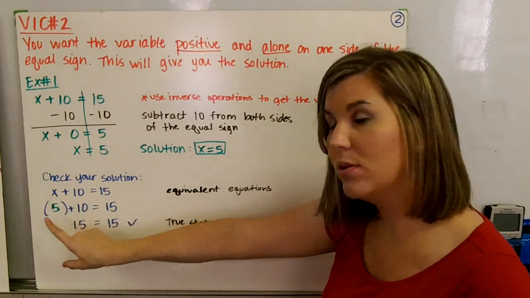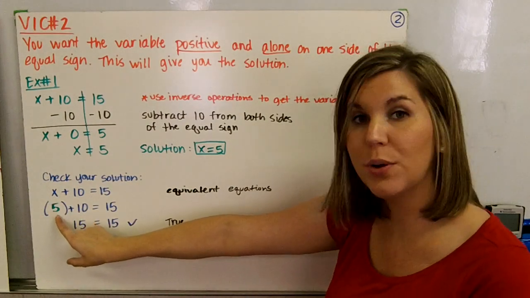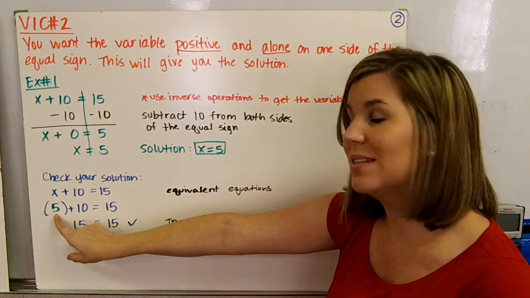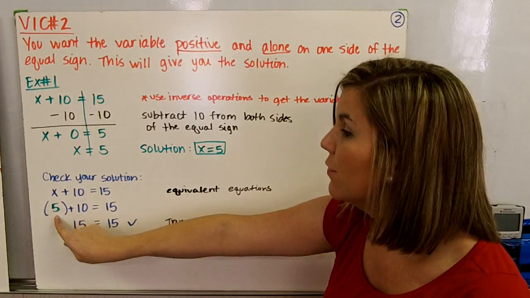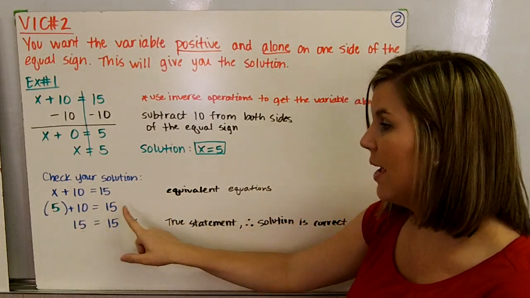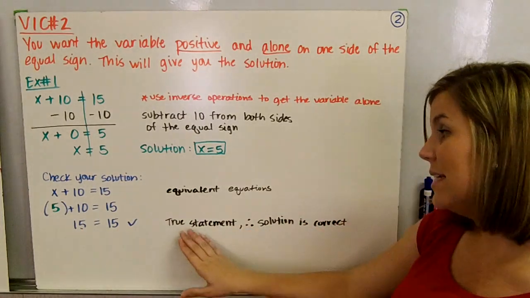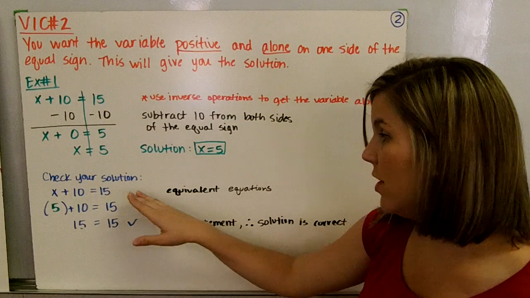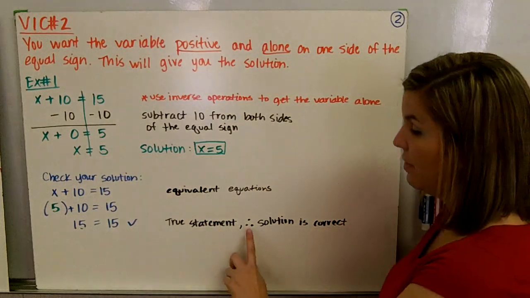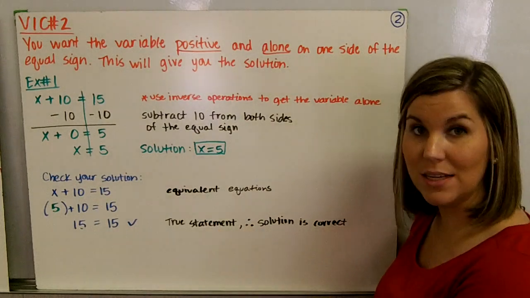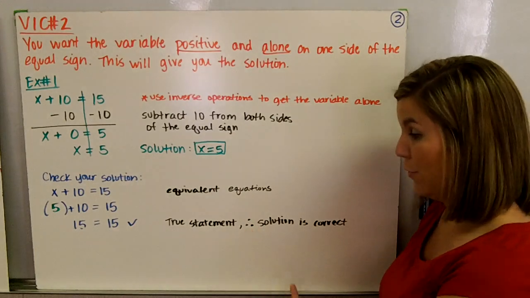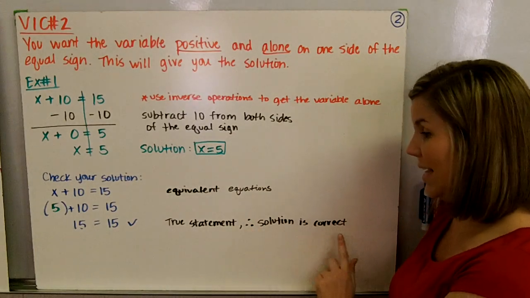So take x out, and put parentheses, and put your answer that you got in, and see if it's the same on both sides. So 5 plus 10 is 15, and 15 carries down. So 15 is equal to 15. This is a true statement. These are equivalent equations. Therefore, these three little dots in a triangle mean therefore the solution is correct.